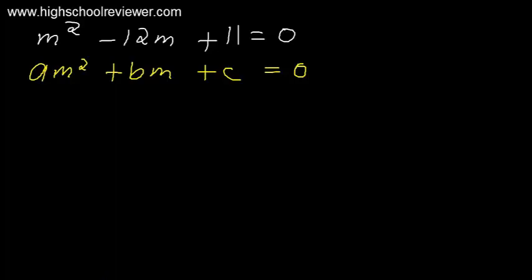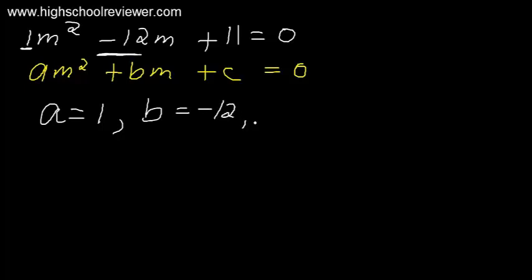We can now get the values of a, b, and c. So our a here is the numerical coefficient of our first term. Since there is none, this is understood as 1. So our a is positive 1. Our b is the numerical coefficient of our second term, and this is negative 12. Our c is the constant or the third term, this is positive 11.